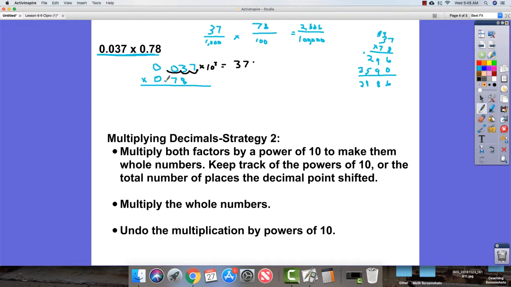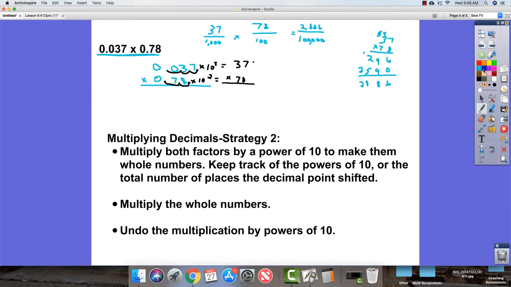For 78 hundredths, I need to multiply that by 10 to the second power, and that would equal 78. 1, 2. My decimal point, I moved 2 places to the right. So it moved 3 places to the right here because I had to multiply by 10 to the third power, and it moved 2 places to the right because I had to multiply 10 by the second power.